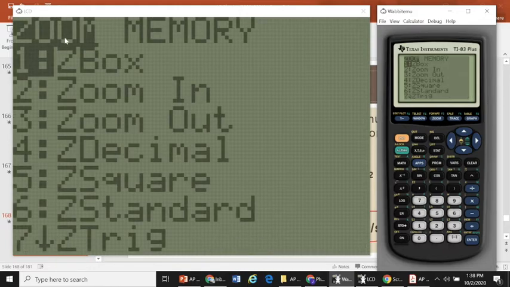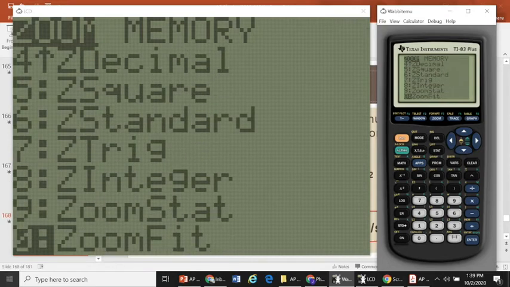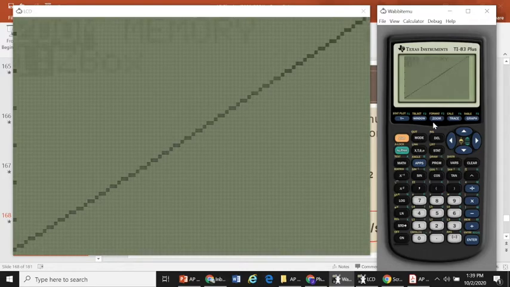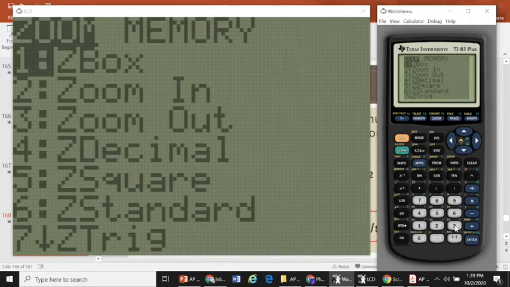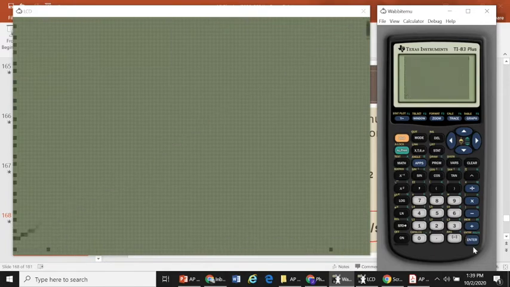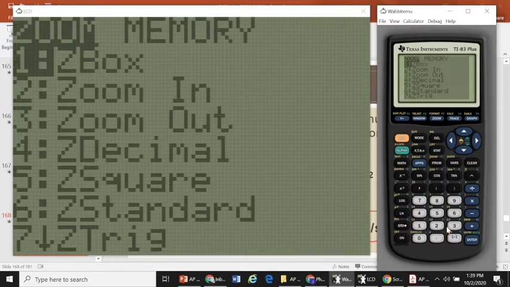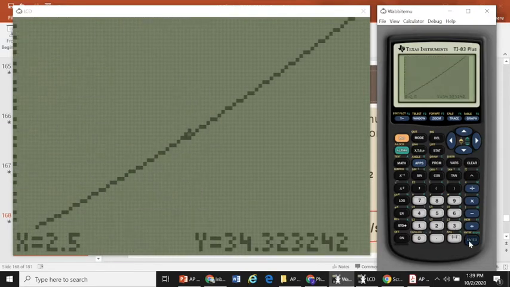So notice when I hit zoom, 0 is not in the menu. You have to scroll down for it. But zoom 0 is zoom fit. And so if you hit zoom and then 0, it will replot the graph and make it look nice. And then, of course, because I zoomed in, it kind of messed with it. But if you did zoom fit without doing that, it would just give you the nice curve as you saw it when I first put it on the screen.